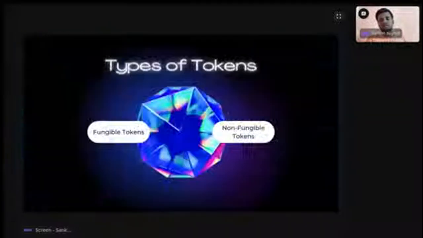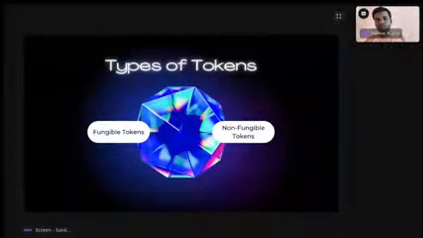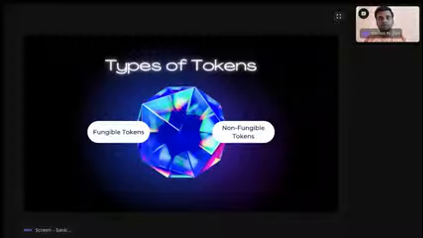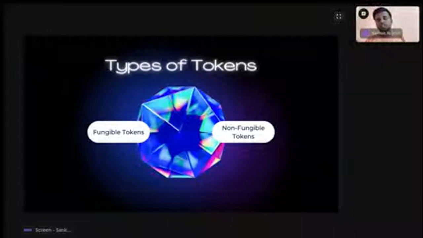Before starting with NFTs, we have to know the two types of token: fungible tokens and non-fungible tokens. Fungible tokens can be said to be like currencies, such as Bitcoin or Ethereum, or our Indian rupees. If you take two 1 rupee coins, we cannot differentiate between them. Both are 1 rupee coins and both have equal value.